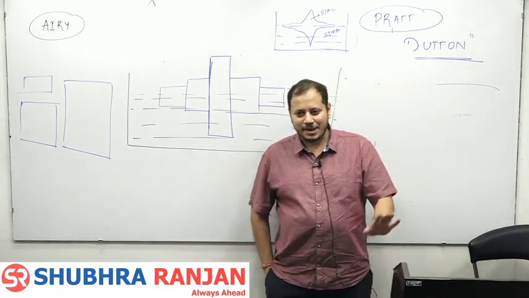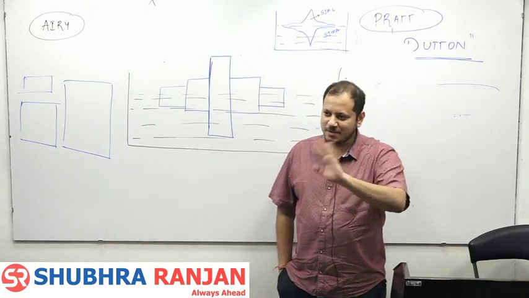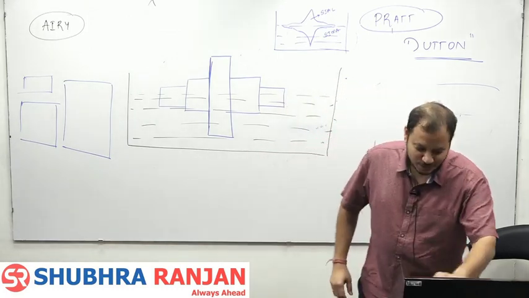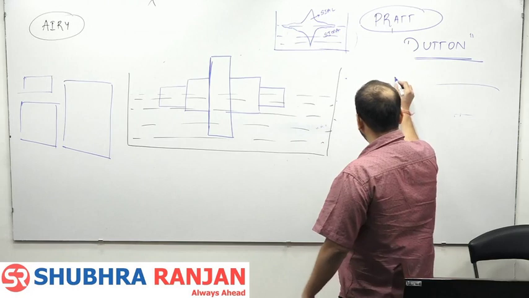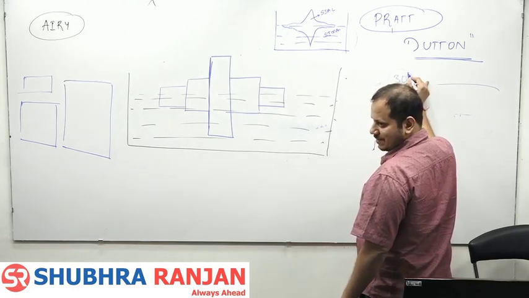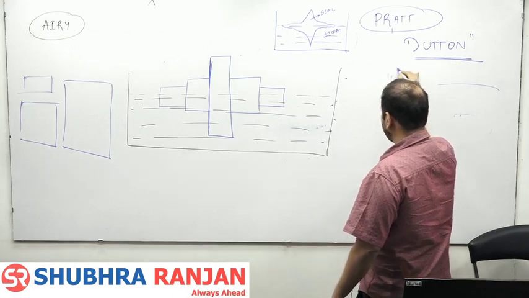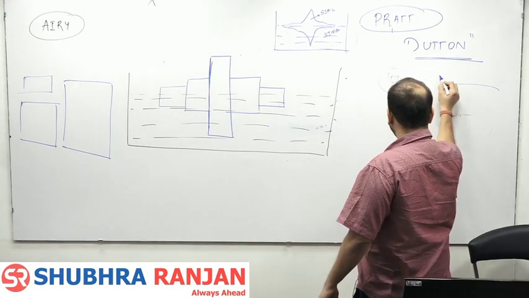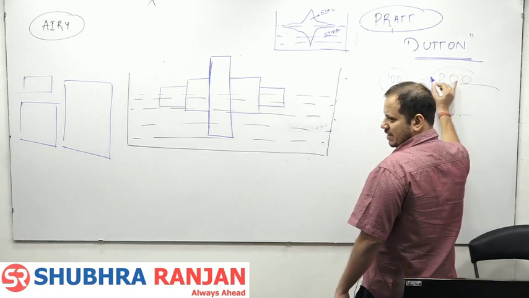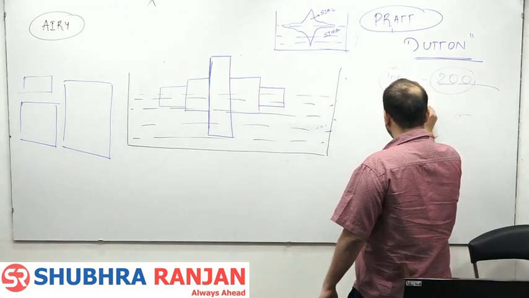But then Pratt came and said all this is nonsense, all this is wrong. Why? Because if you go 80 kilometers deep inside the earth, after 30 kilometers, that is the depth of the crust, and from 100 kilometers deep inside the earth, 80 to 100 kilometers, still 200 kilometers deep inside the earth, what is there? Asthenosphere.